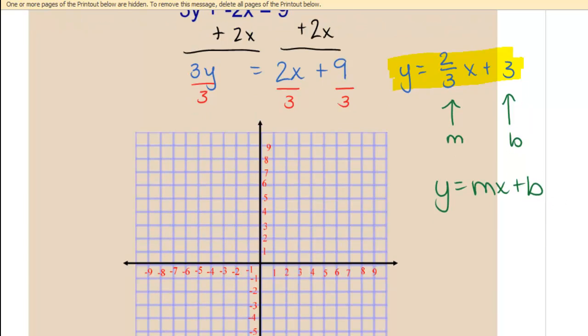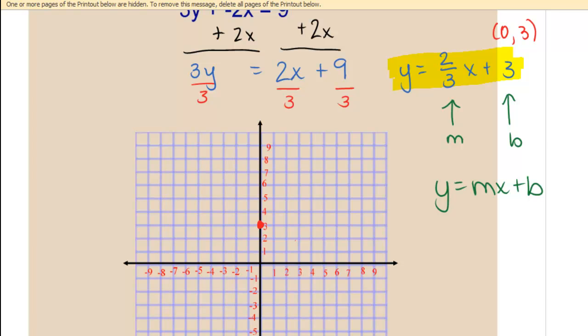So I'm going to start by graphing the y-intercept. So what does that mean? We're going to put a point where 3 is on the y-axis. 3 is my y-intercept, therefore the ordered pair is 0, 3. So I'm putting a point at the ordered pair 0, 3.